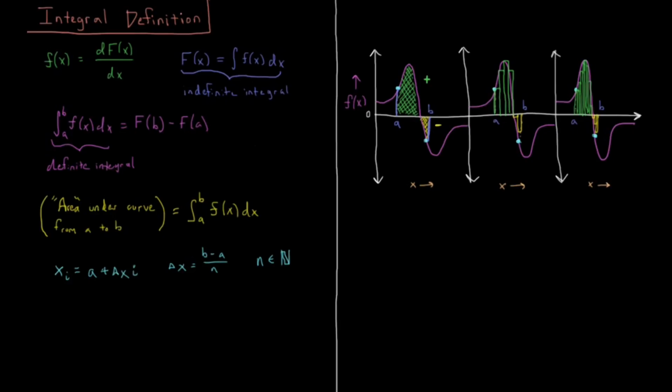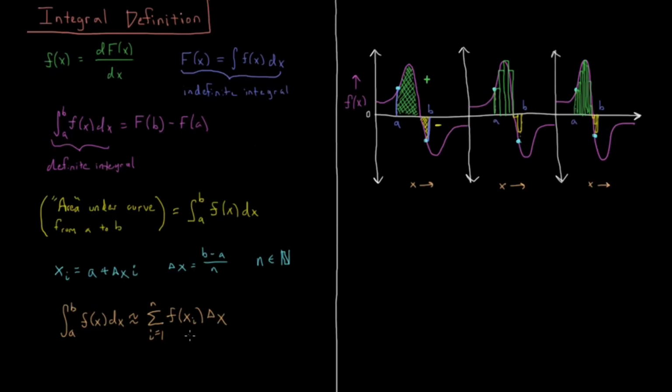All right, so we can say that the integral from a to b of f of x dx is approximately equal to the sum from i equals 1 to n of f of x sub i times delta x.